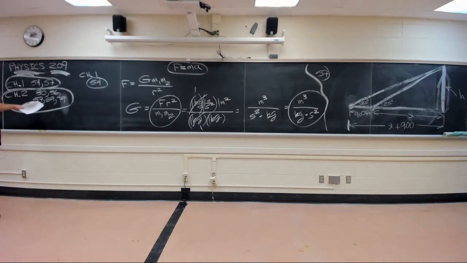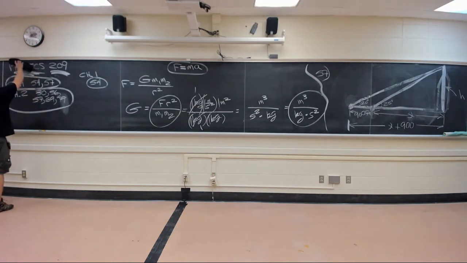Okay, so I'm about to erase this part of it, so you have it on here. That's what we're taking a shot at right now, chapters 1 and 2. Let me do 57 from chapter 1, and let's go to chapter 2 afterwards. Okay, so Physics 209, let's keep going.